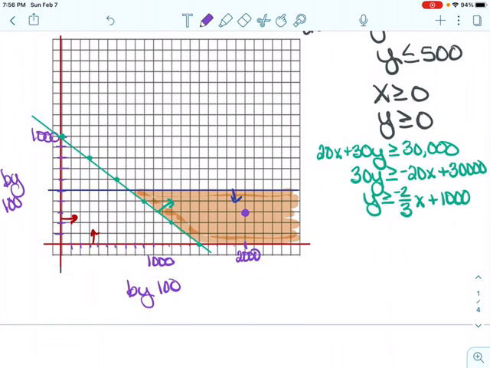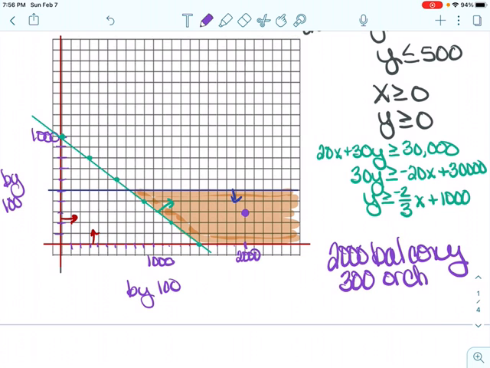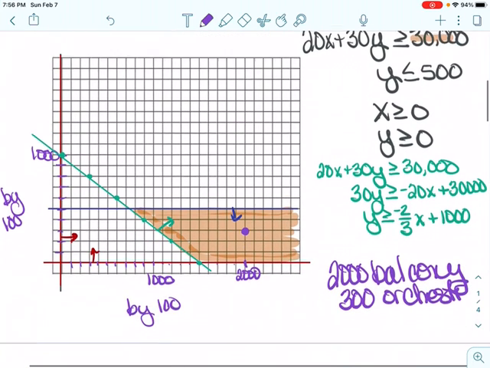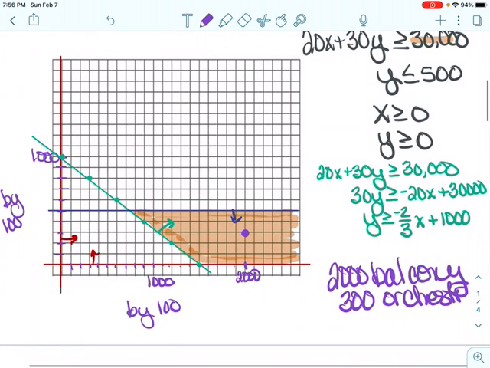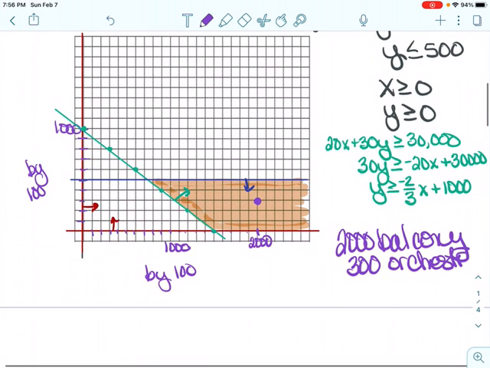So if I sell 2,000 balcony seats and it looks like 300 orchestra, we're going to make over $30,000.